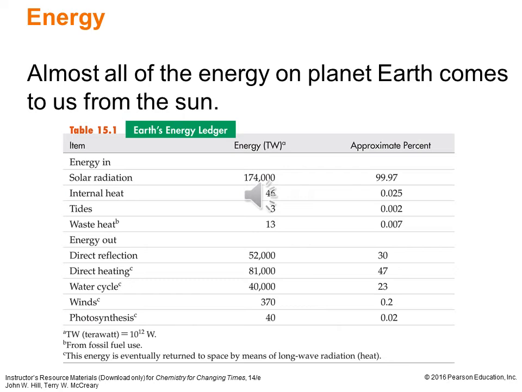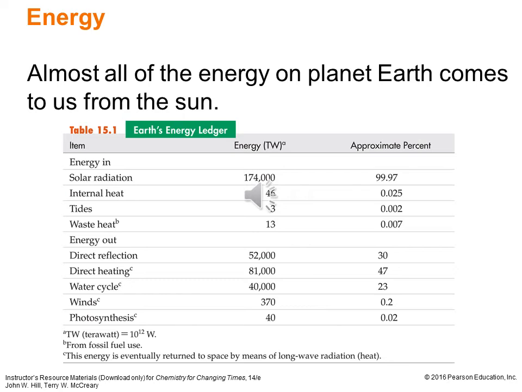So of all that solar radiation, the 174,000 terawatts, a little less than a third of it, 52,000 terawatts, is directly reflected right back into space. So we wasted almost a third of our free energy. That's good, actually, otherwise we would get far too warm as a planet, and life as we know it would be unsustainable.